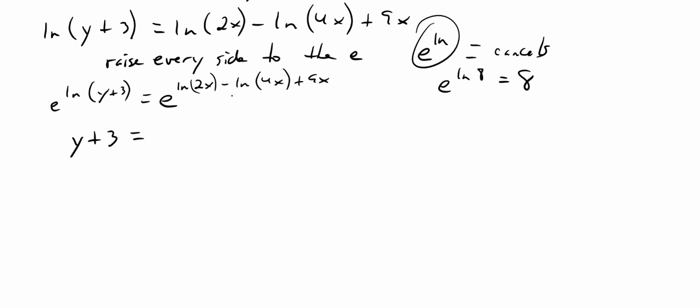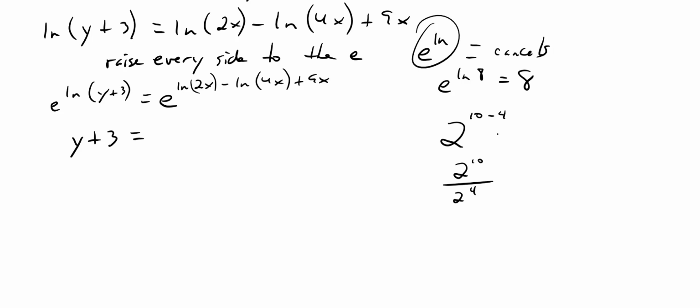Basically, do you guys agree that if I said 2 to the 10th power minus 4, that's 2 to the 10th over 2 to the 4th?